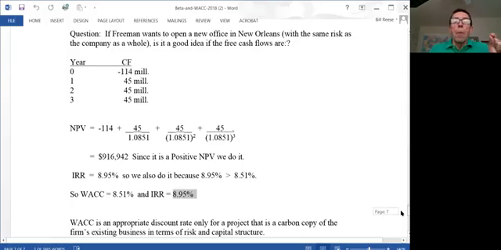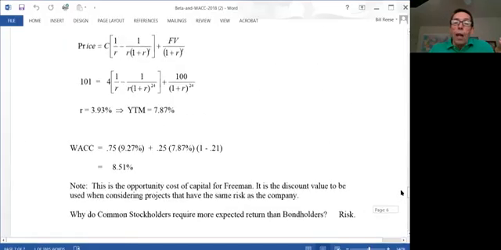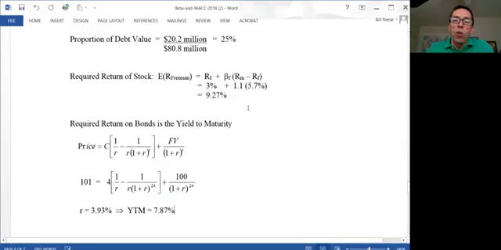Because the bondholders aren't getting 8.95%, okay, the bondholders are only getting what they require, which is the 7.87%. Anything above that spills over to the stockholders. So for a zero NPV project, the bondholders would get 7.87%, and the stockholders would get exactly 9.27%.